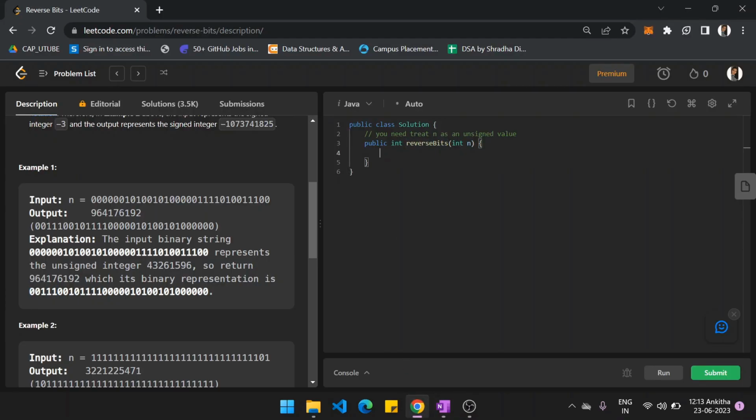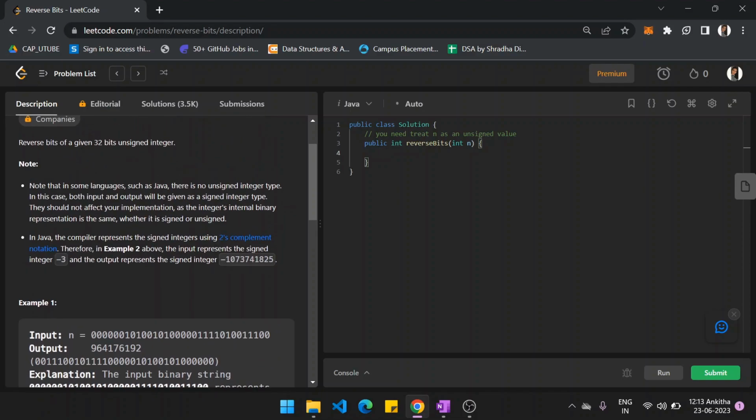Here the length is 32. As I clearly mentioned, it is a 32 bits unsigned integer. So we can just give a for loop, with reverse equal to 0 initially. So next for i equal to 0, i lesser than 32 and i plus plus. As I said, reverse will be equal to reverse left shift by 1, and you do OR operation with n and 1.